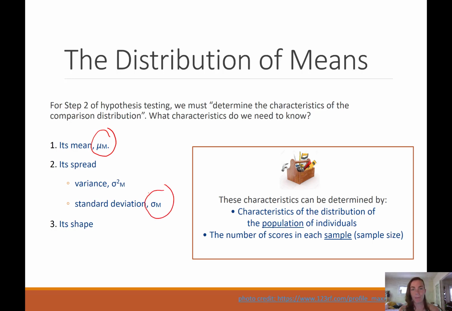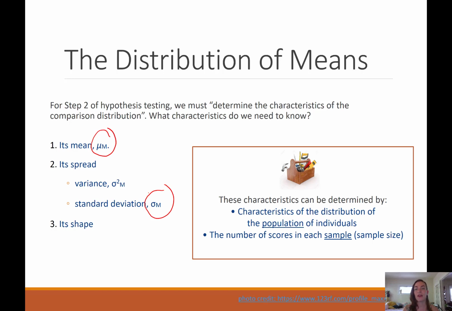So we need to know its mean or centrality. We also need to know its spread. Okay, that's the variance or the standard deviation. And we thirdly need to know the shape of this distribution. So those are the characteristics of the comparison distribution.